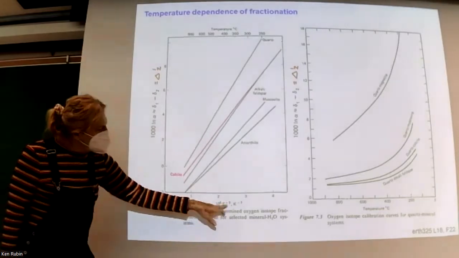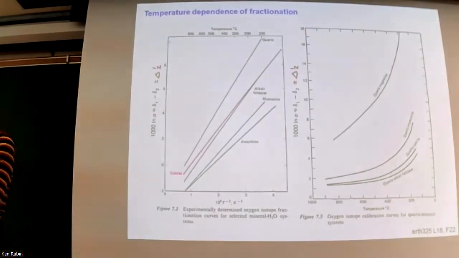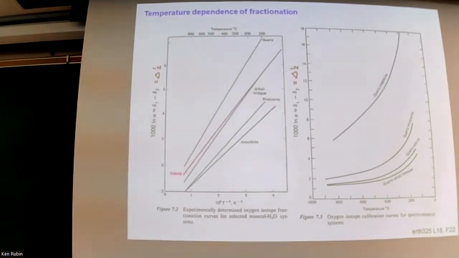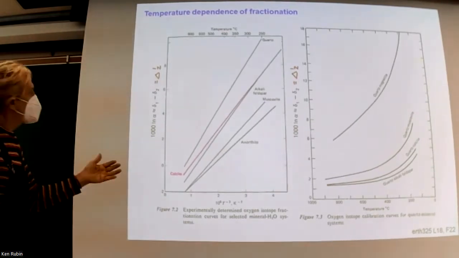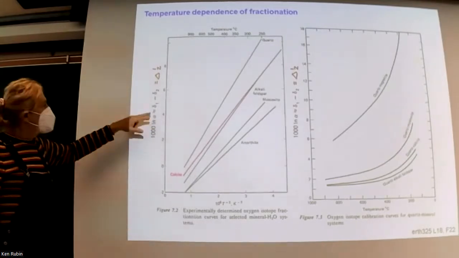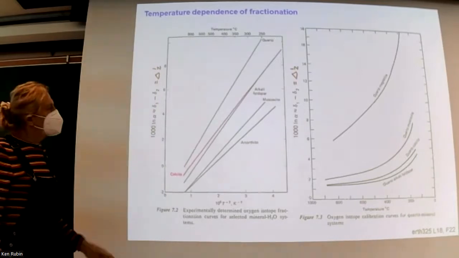So you can see down here on the axis, this is 10 to the 6 times temperature to the minus 2, in units of Kelvin, right? So that's 1 over T squared times a million, because the units are really small. They just want to blow it up to make it easier to see. This is 1,000 natural log of alpha, which, as the diagram says, is the difference between the little deltas.